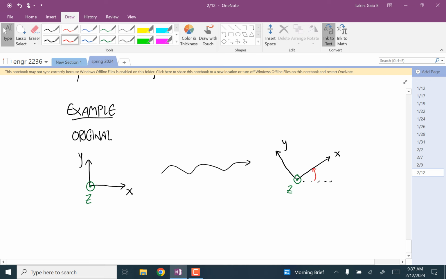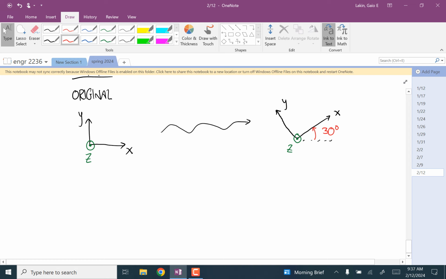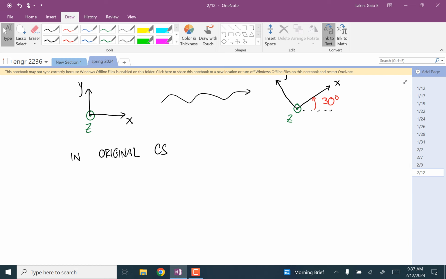Where this angle is 30 degrees. And in the original coordinate system, the weight force is, let's say, 0, negative 98.1.